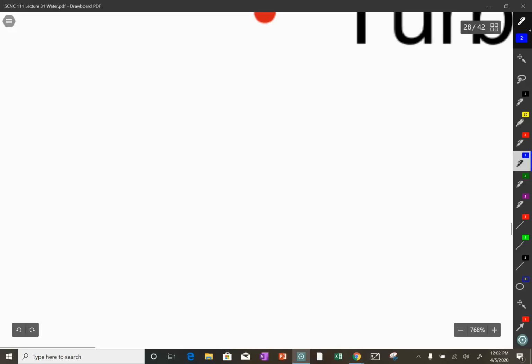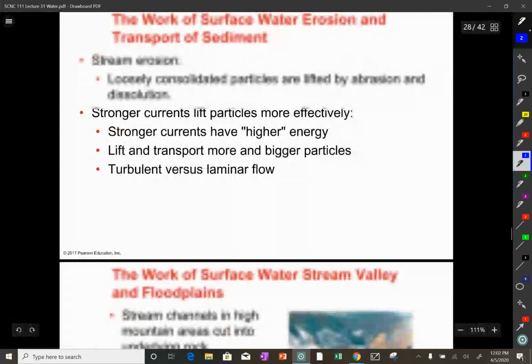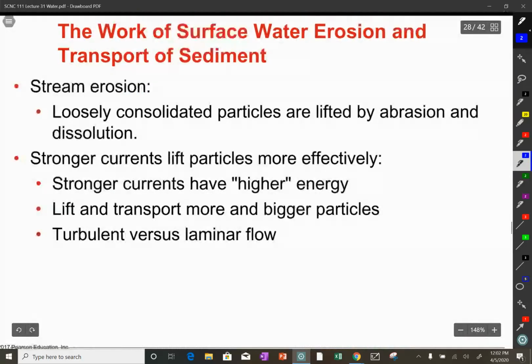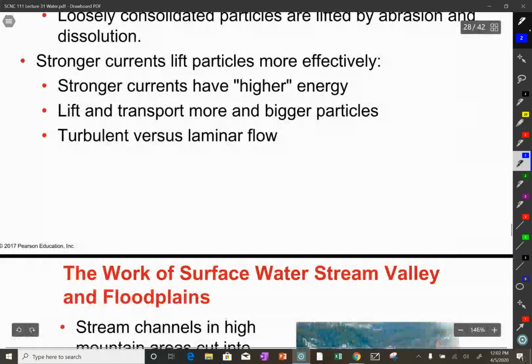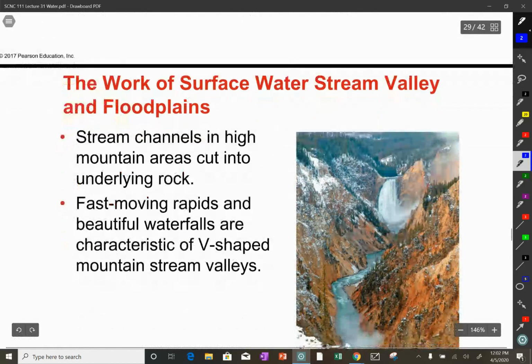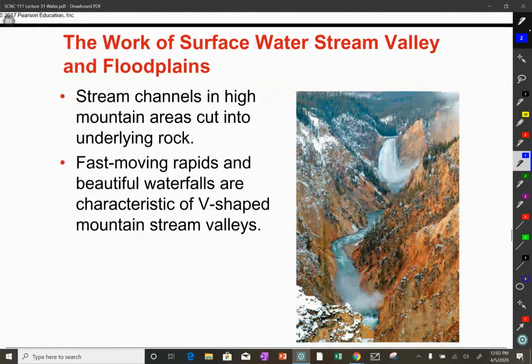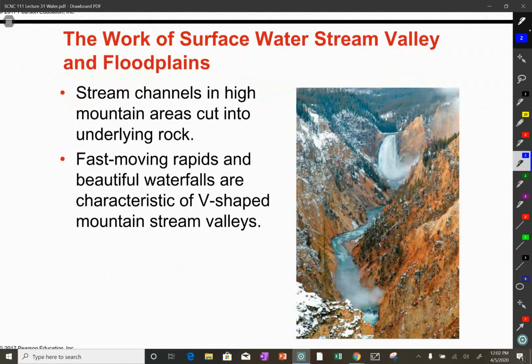And stronger currents will carry things more effectively, carry them larger distances, and have a lot more in them. And so you tend to develop stream channels because of erosion. Now notice the stream channel, it's shaped like a V. You have water that came down here and it's eroded. And as it erodes, it just makes it a sharper and sharper V.